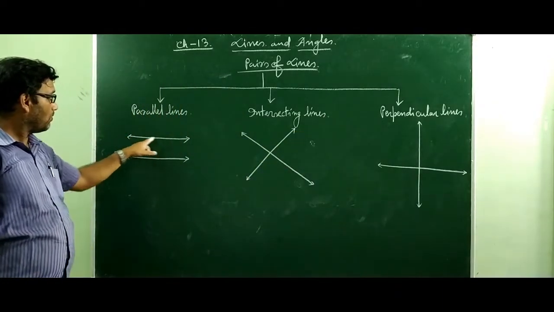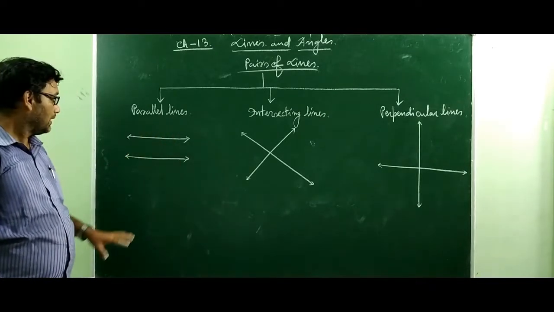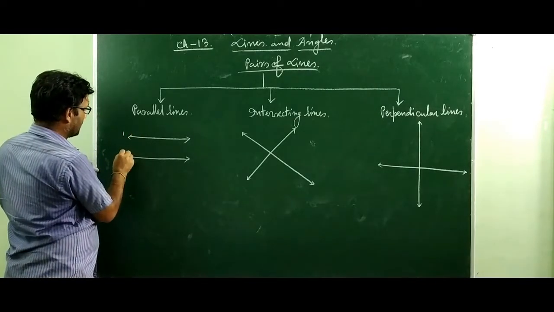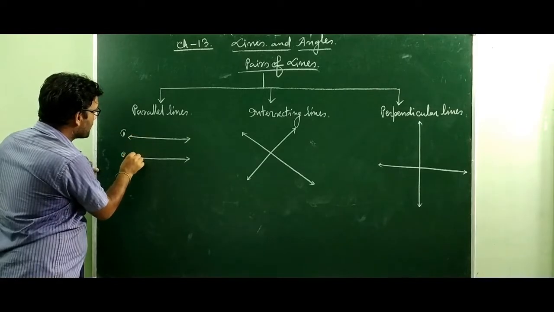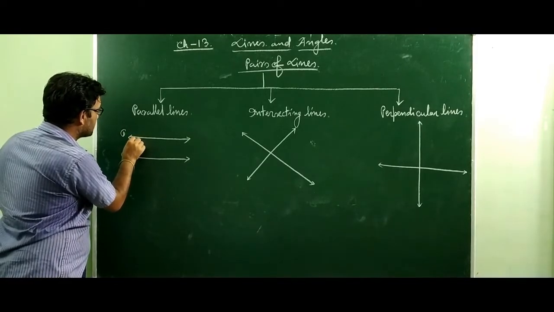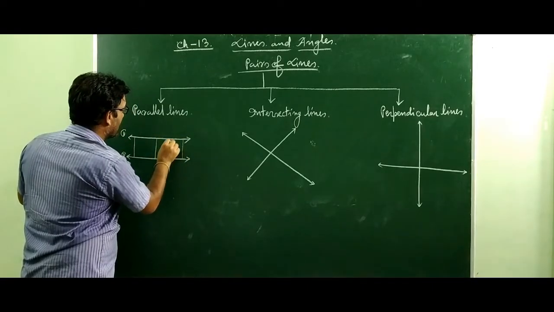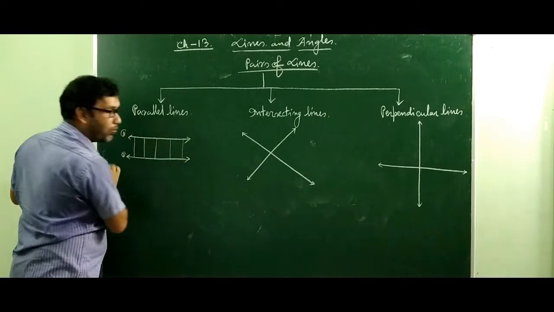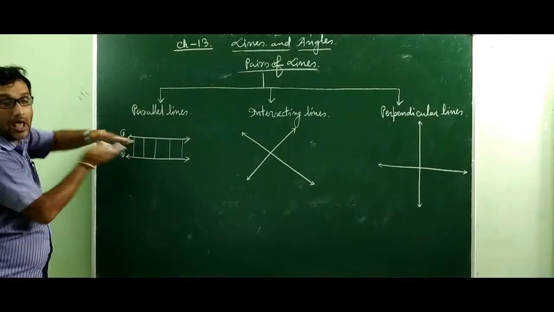Here you see one line, this one also a line. Already I told you what is line. Now here, suppose this is 1 and this is 2. Whatever the distance between this line and this line, if all the distances are equal, then these two lines are called parallel lines.